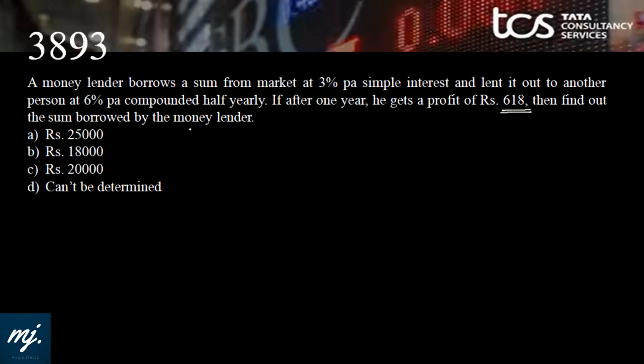Now this sum can be tackled very easily if we can find the effective compounding rate. This compound rate needs to be converted into simple interest rate. And how? Formula is simple. Effective rate is 1 plus i to the power n minus 1 into 100%.